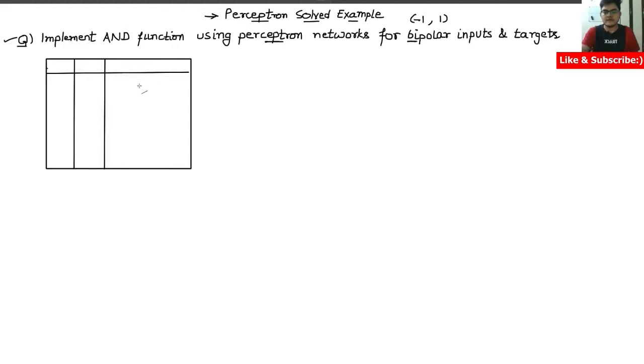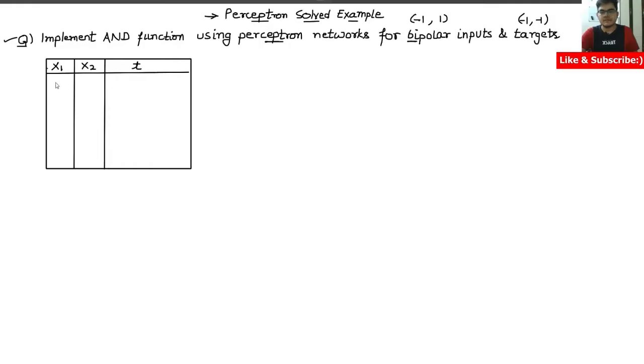So this means that we are actually doing a binary classification. So targets can also be 1 or -1. So it's written here bipolar inputs and targets, right? So let's name the first input as x1, then x2, and let's say the target is t.